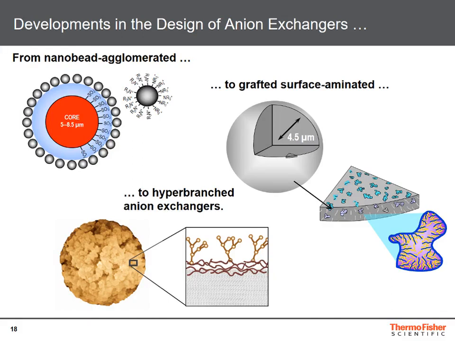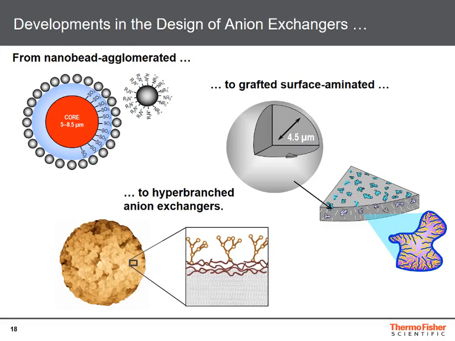We are polymerizing 1, 2, or even 3 different monomers onto the surface so that we get polymer chains of about 5 nanometer length, and these polymer chains are carrying the ion exchange functional group. A major disadvantage of this type of resin is that now the chromatographic efficiency very much depends on the particle diameter of the substrate.